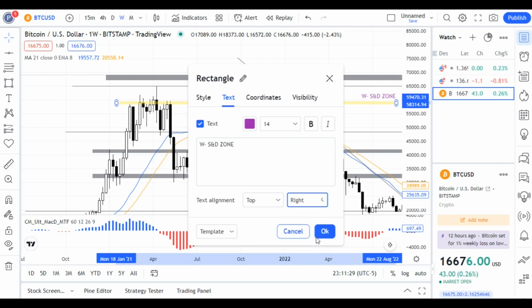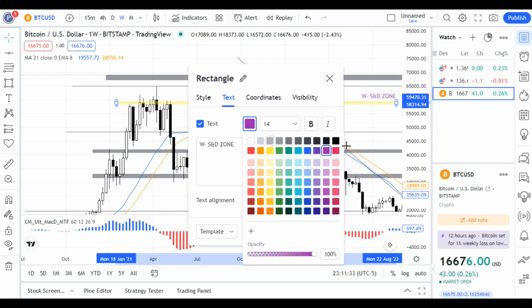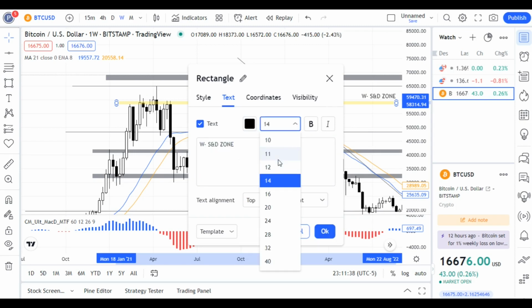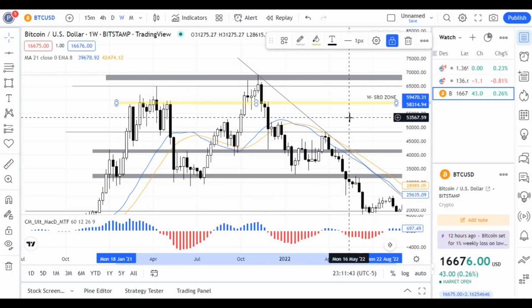Actually put it at the right, with a black color for the text. 14 will be too large for us, so let's make it 12. Okay, nicely drawn like this.